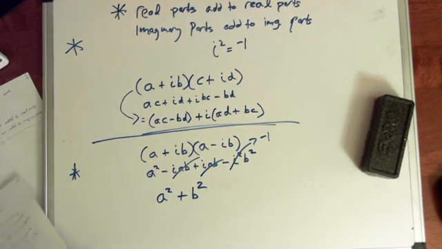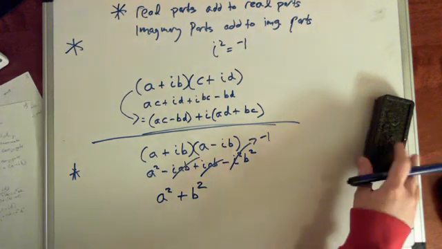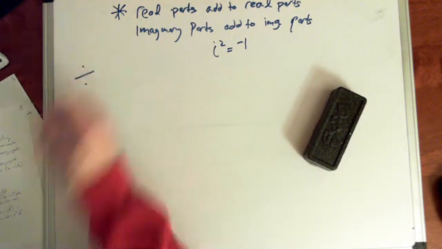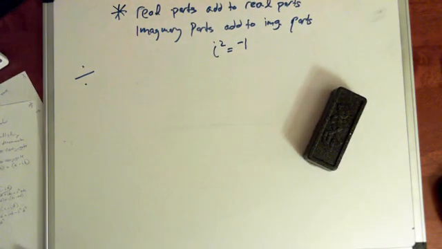Let's do one more thing. Let's look at division. When we're doing division with complex numbers, we have to convert the denominator to a real number. We do this by multiplying the numerator and the denominator by what's called a complex conjugate.